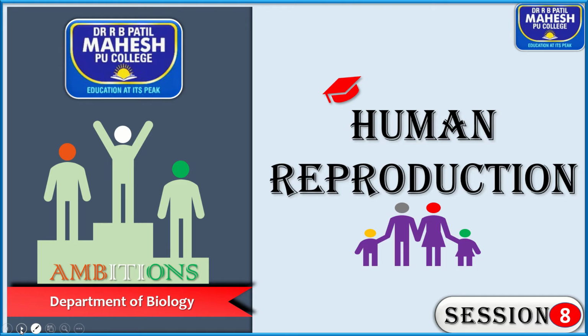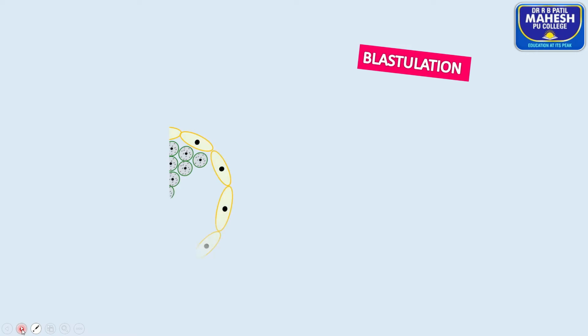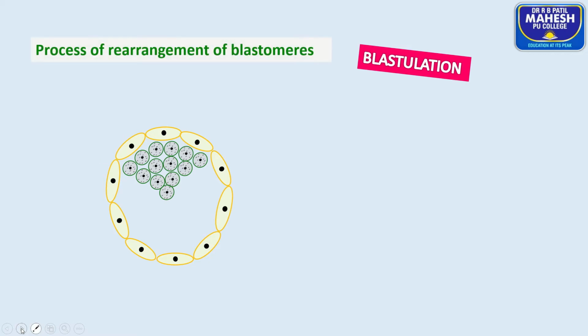During the process of blastulation, or the formation of blastula, the multicellular morula is transformed into a single layer blastula. So let us discuss blastulation.